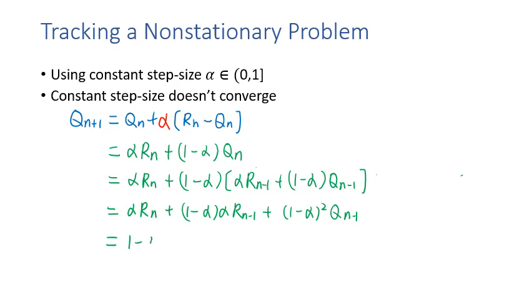So eventually we will have our formula as 1 minus alpha to the power of n multiplied by Q1, and the sum of alpha multiplied by 1 minus alpha to the power of n minus i, multiplied by Ri.